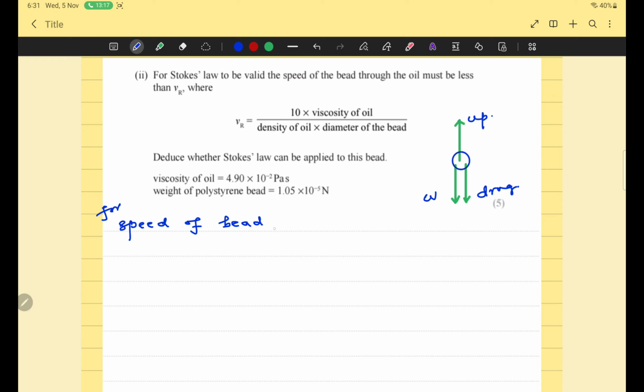For speed of bead, we are starting our calculation. Upthrust acts upward, weight acts downward, drag is opposite to the direction of motion.